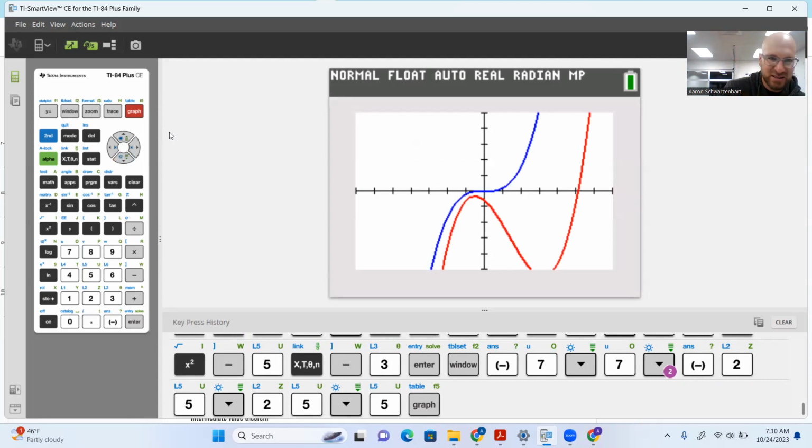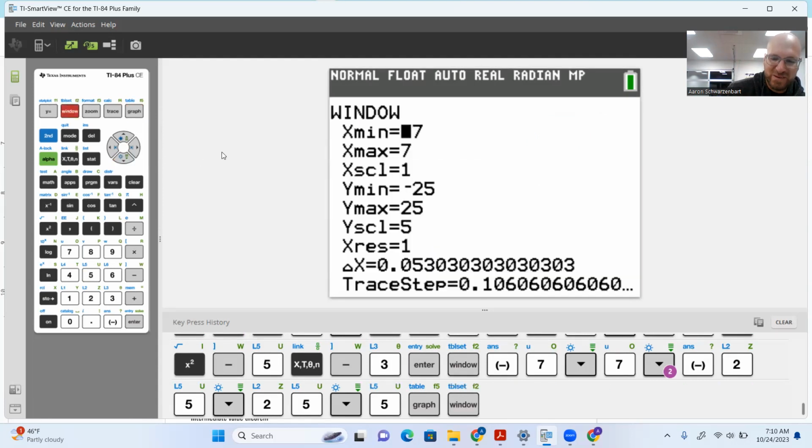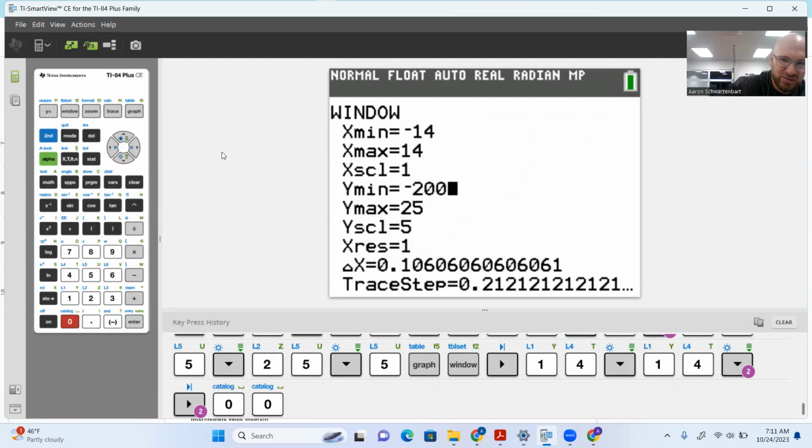Okay, the second cubic with the minus 4x squared minus 5x minus 3 really drops down. Well, we're going to take a look at what happens when I zoom out some. Now, we're not going to zoom out the x's a ton because cubics grow really quickly. The y's, we're going to go to negative 200 to 200.